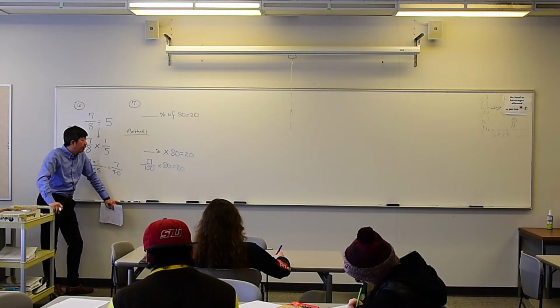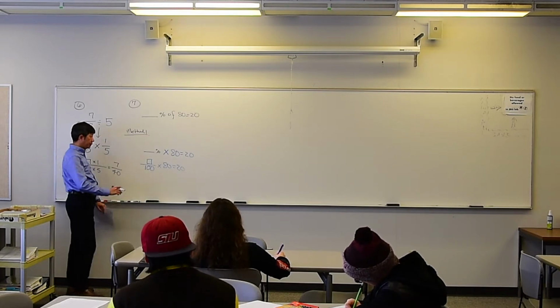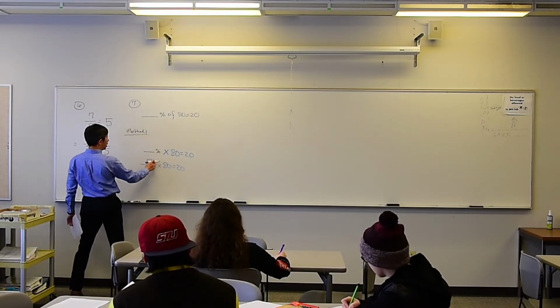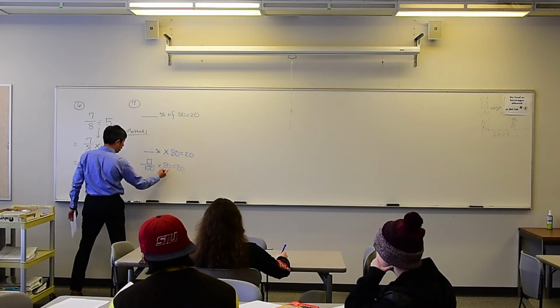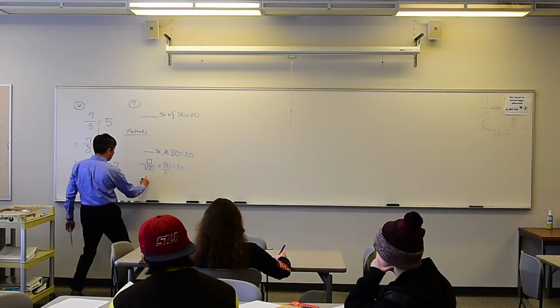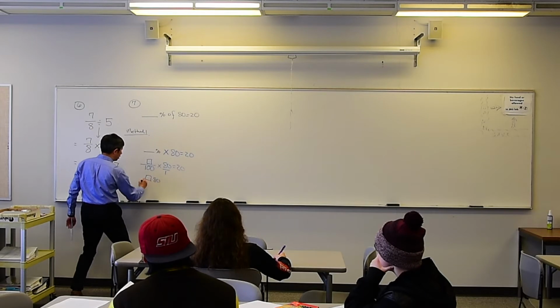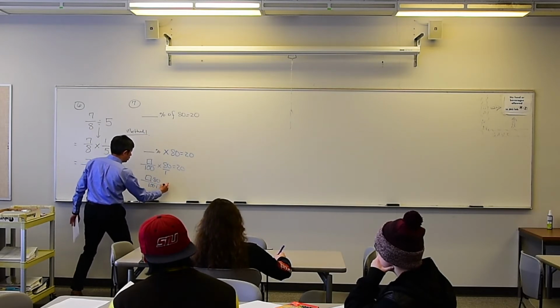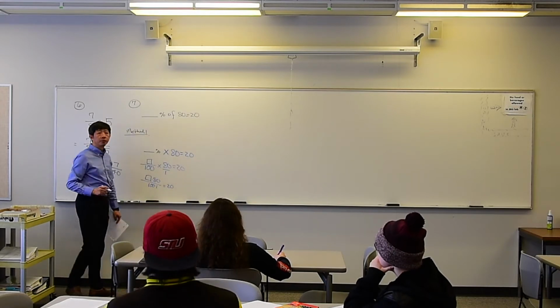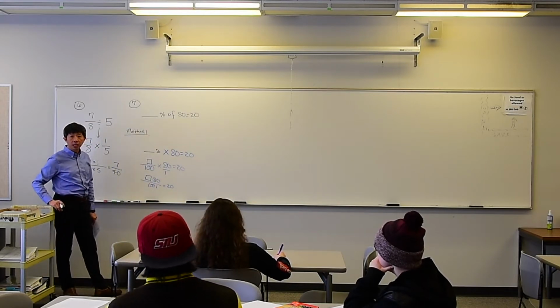Alright. And then actually this is what? Numerator times the numerator, so therefore 80 out of 1. So numerator times the numerator, denominator times the denominator, which is equal to 20. Is that clear?